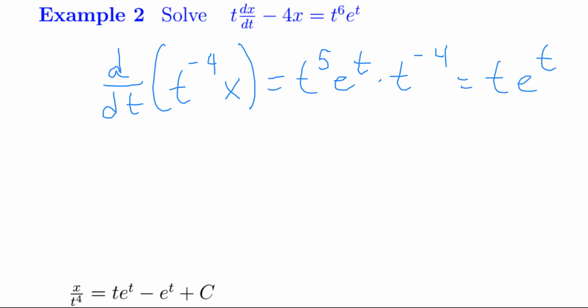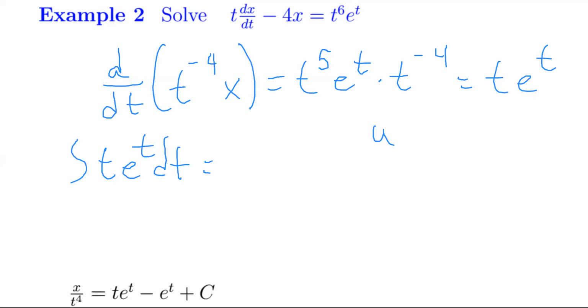Okay. So we have the derivative of this product, t to the negative fourth times x, is equal to t e to the t. So we need to integrate both sides. That means we need to integrate t e to the t with respect to t. Well, to do this, we need to do our integration by parts method.